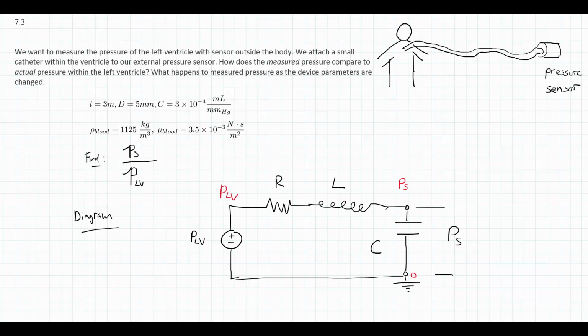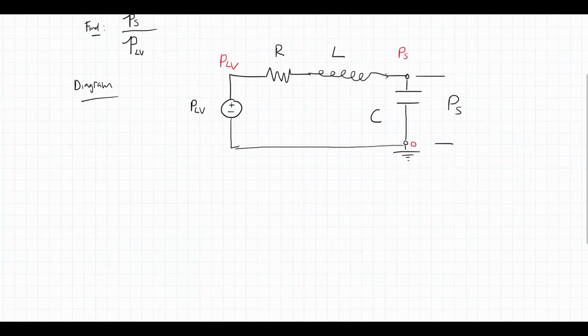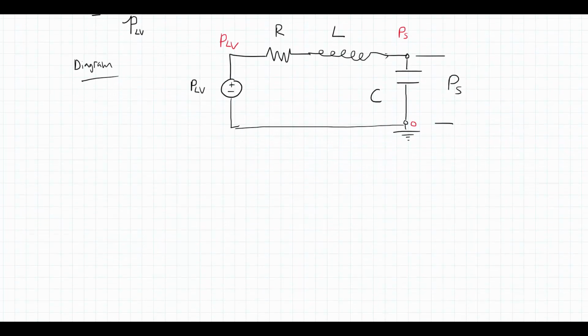So there's some pressure drop between PLV and PS as it goes through the resistor and the inductor, the wall resistance and the fluid inertia, and then it's going to drop down to 0 as we go across the sensor. So PS over PLV is what we want to find. I've created the electrical analog circuit for this situation of the blood going from the heart into our pressure sensor, so we can use our diagram to find our desired transfer function.